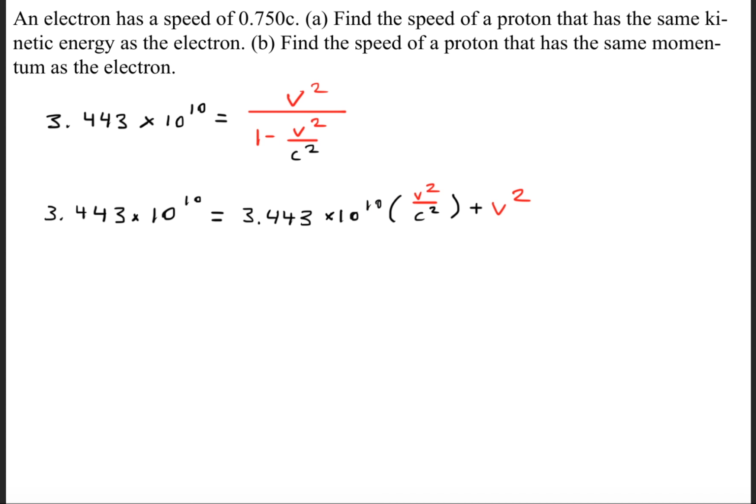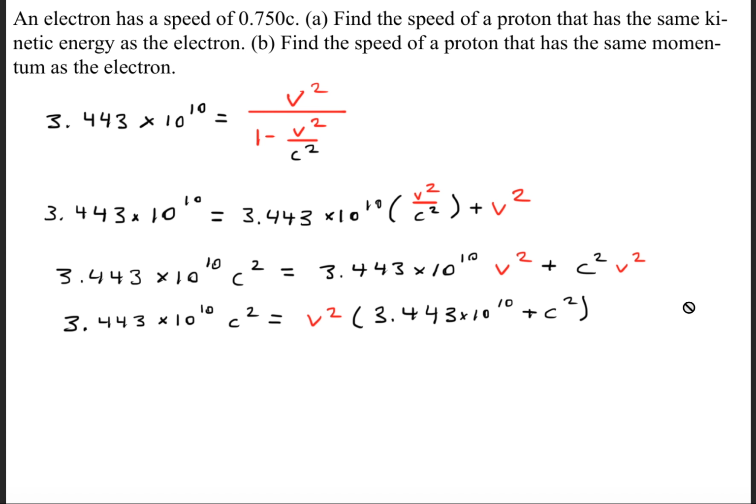Afterwards, I cross-multiplied and rearranged some of the expressions so that it gets simplified down into this form right here. Afterwards, I multiplied each term by the speed of light squared so that we get rid of this denominator right here. Then I factored out the v squared variable so that I get this right here.